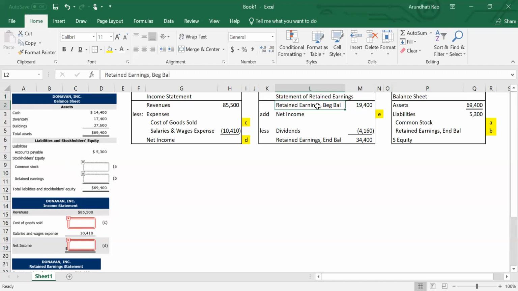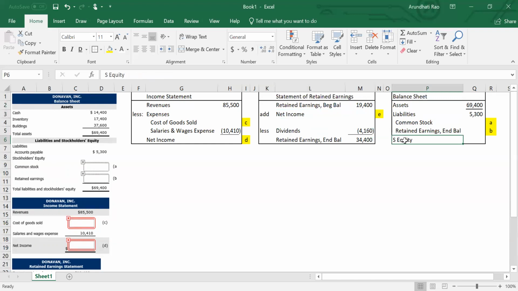So the retained earnings formula is always the same. Retained earnings beginning balance, add the net income from the current period, subtract any dividends if they were paid out, and that gives you retained earnings ending balance. This ending balance number is what comes into the balance sheet. So the balance sheet has 3 items: assets, liabilities, and owner's equity. Total assets must always be equal to total liabilities plus total owner's equity.